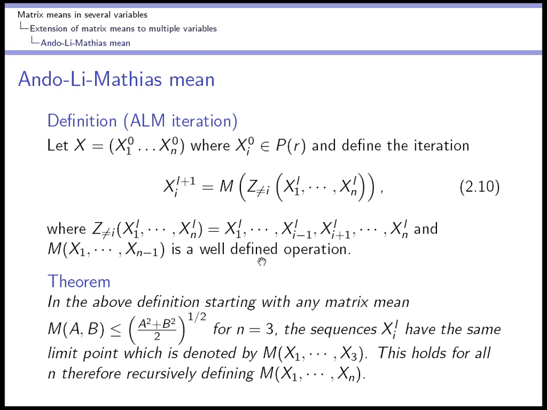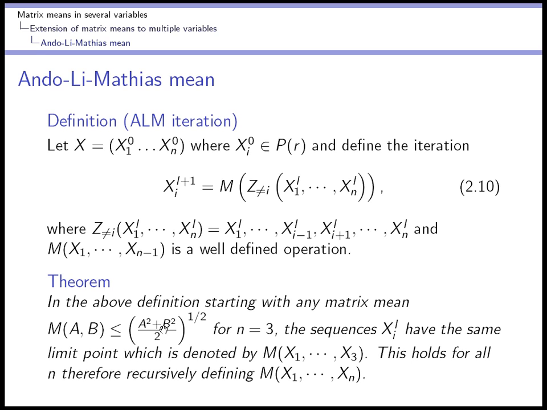The next assertion says this: if we start this procedure with a two-variable matrix mean, and this way we define a three-variable one, and again we use that three-variable one to define a four-variable one, and so on, then all these sequences will be convergent and have the same limit point, which is defined as the n-mean.